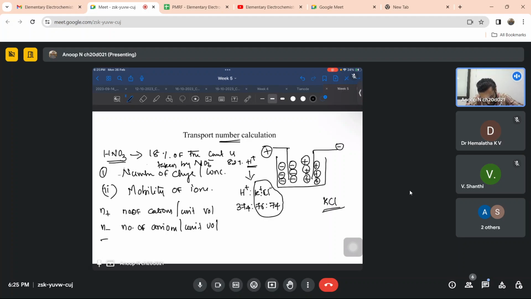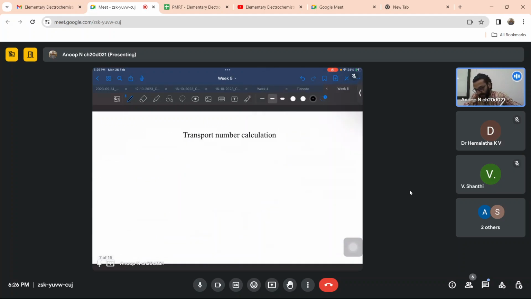Let Z plus be the charge carried by a cation, and Z minus the charge carried by an anion.